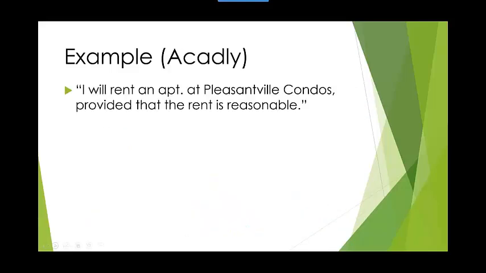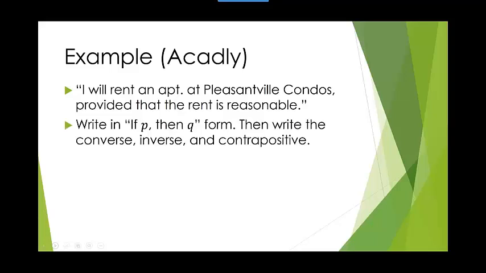Here's a sentence: I will rent an apartment at Pleasantville Condos, provided that the rent is reasonable. I'm going to ask you to write it in if P then Q form, and then write the converse, inverse, and contrapositive. I'll let you work on that for a second, and then we'll come right back to it.